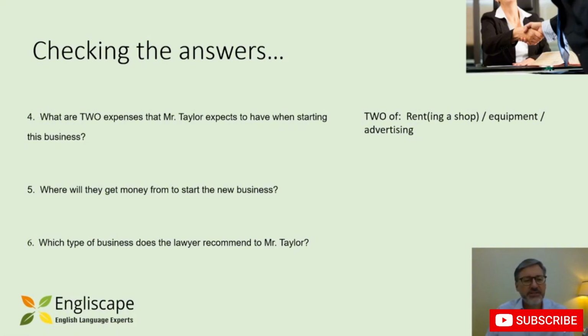Question 5. Where will they get the money from to start the new business? The answer? A loan from their banks. Number 6. Which type of business does the lawyer recommend to Mr. Taylor? The answer was, of course, a partnership.